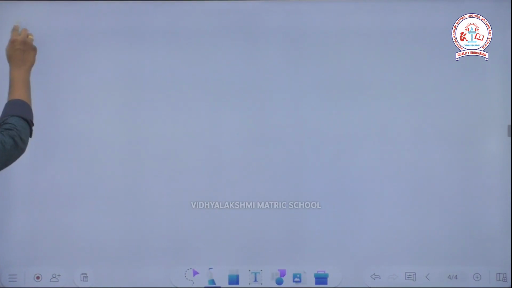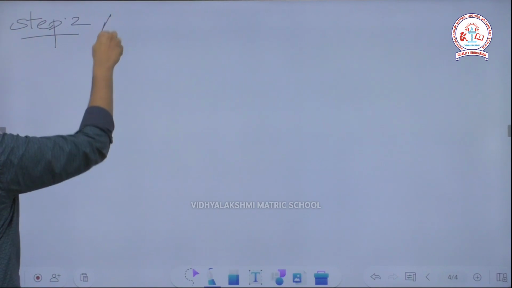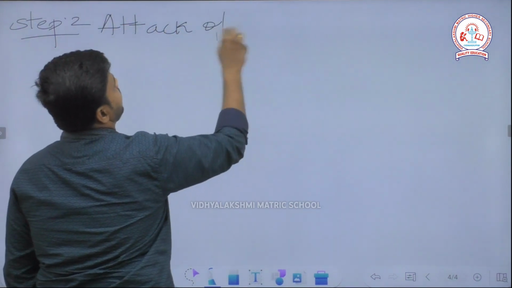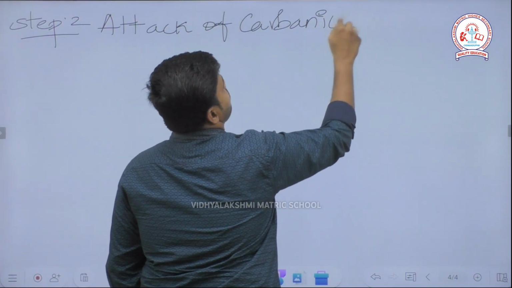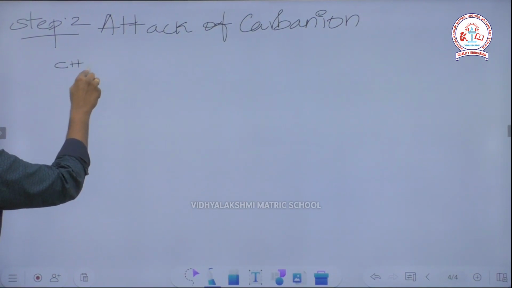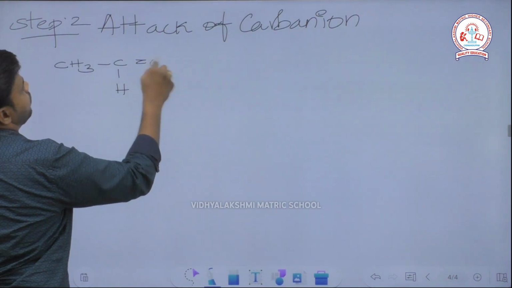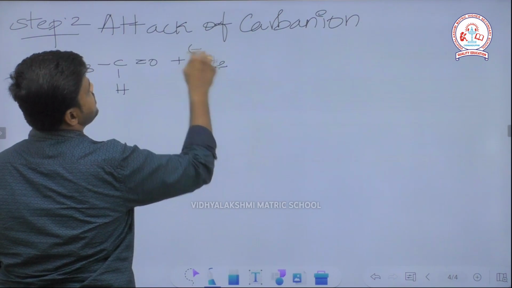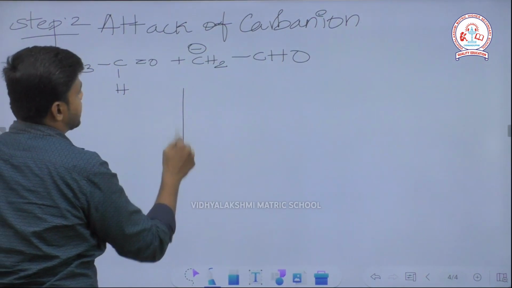The step 2 includes the attack of the carbanion. Let me write this aldehyde by splitting it out. Double bond O. Then we have the carbanion, which we got in the very first step, CH2CHO. What happens here?